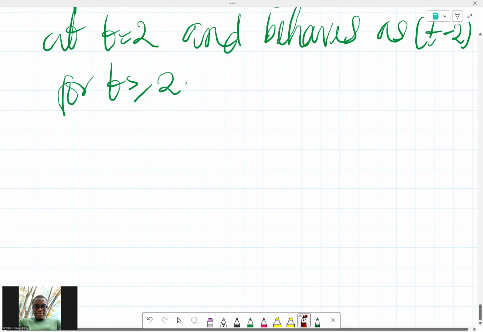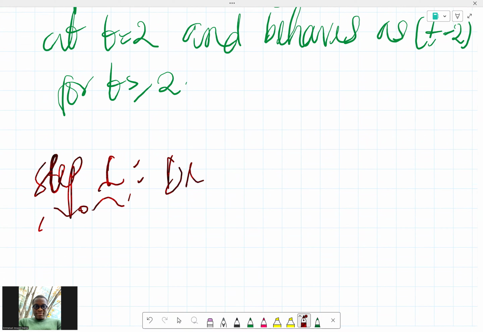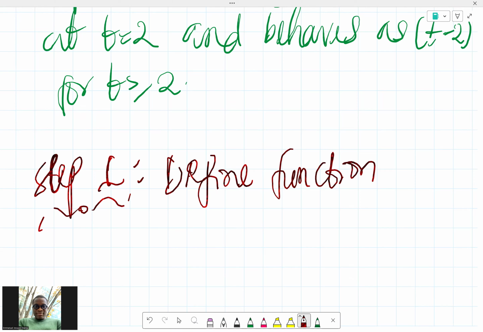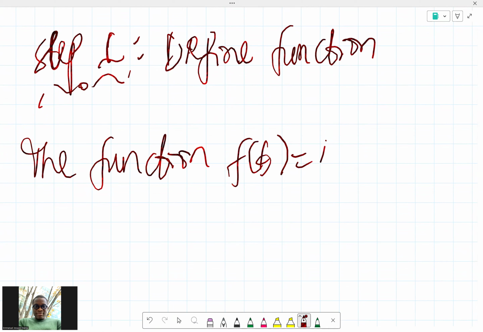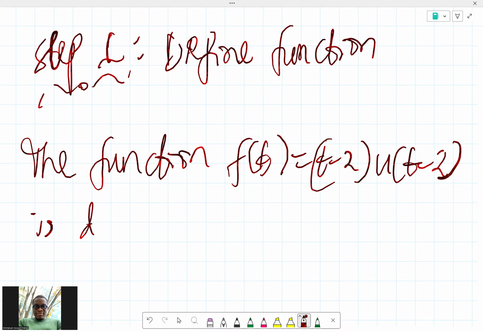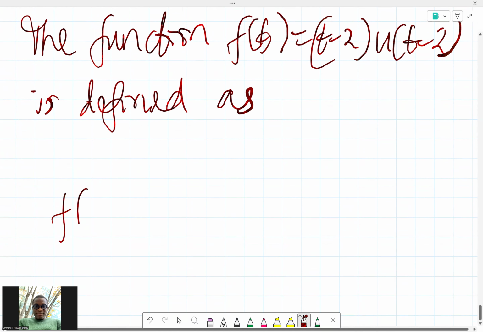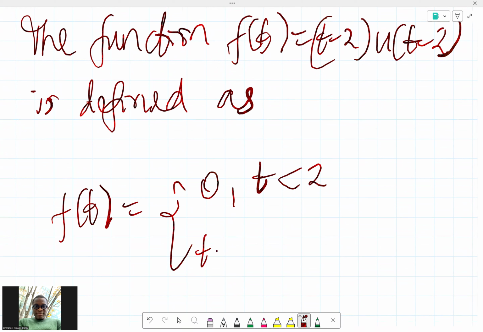So in step 1, we have to define the function. Of course, we've been given the function itself, so we just clearly identify it. The function f of t, which is equal to t minus 2 into u of t minus 2, is defined as the shifted step function: f of t equals 0 when t is less than 2, and t minus 2 when t is greater than or equal to 2.